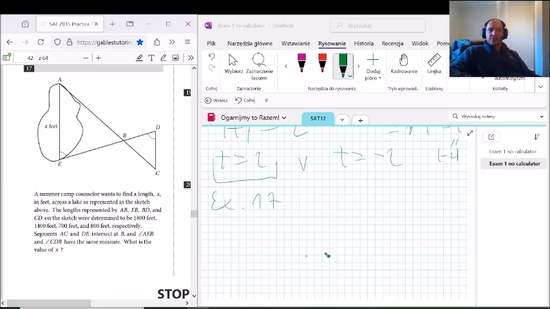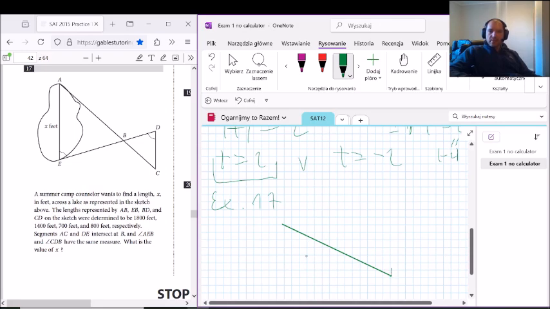Okay, let's draw this. Well, I don't really care about this lake, so I will just draw the things that are important here. So we have something like this. We have here the same angle as here, so let's call it alpha in both places. We also know that AB equals 1800 feet.